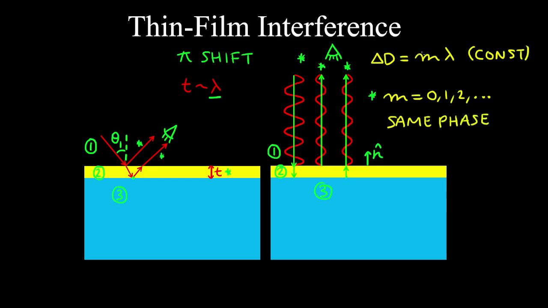So the path length difference between the waves is a multiple of the wavelength. And for destructive interference, the path length difference is the integer m plus a half by the wavelength of light. So that gave us destructive interference.